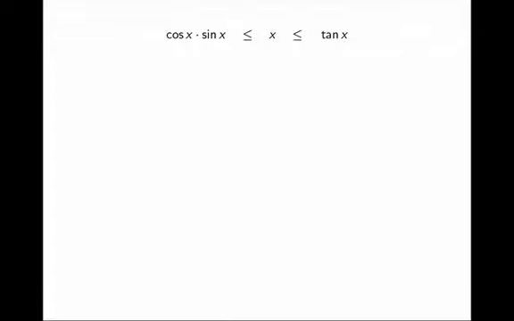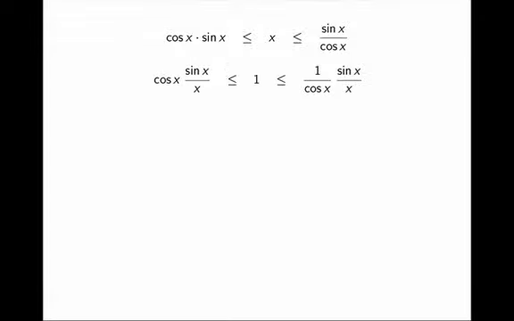And I'm trying to obtain the information I need from these inequalities. First, I will write tangent as sine of x divided by cosine of x. And next, remember my ultimate goal was to compute the limit of sine of x over x. So let's divide everything by x, so I obtain sine of x over x somewhere in the inequalities. Next, to get some information about sine x over x, I notice that it appears in the first inequality.